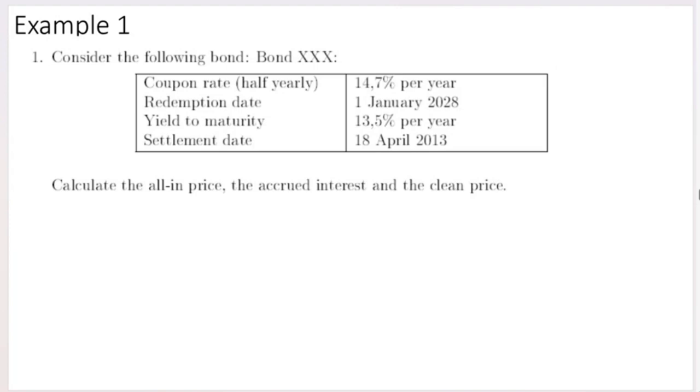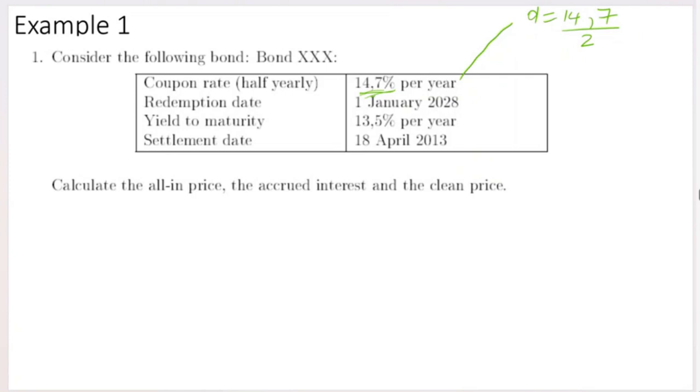I want to save space. So this implies that your D is equal to 14.7. Remember, you write your coupon as D, not as a decimal number. You write it as 14.7, and then you divide by 2.